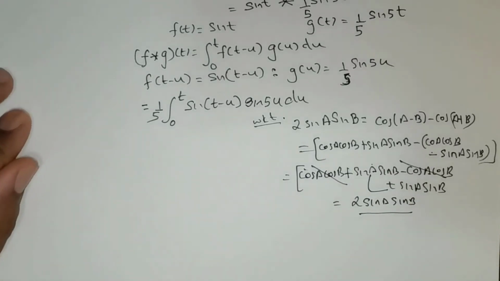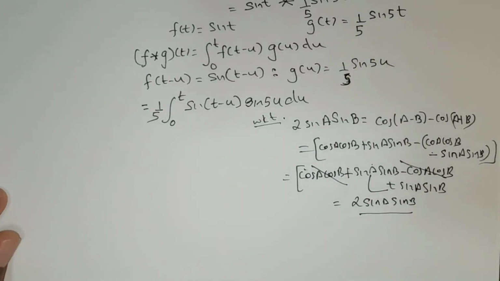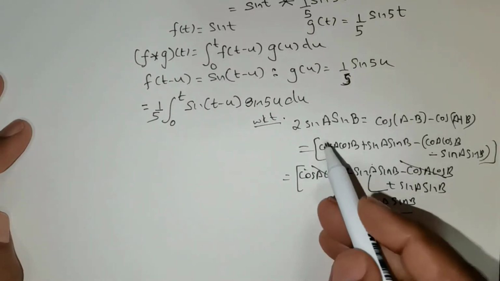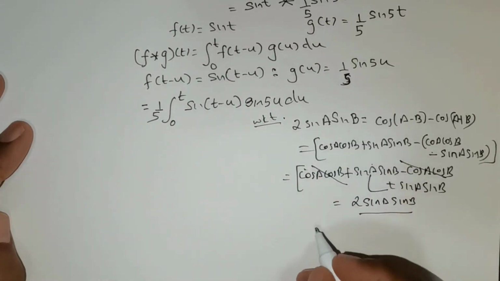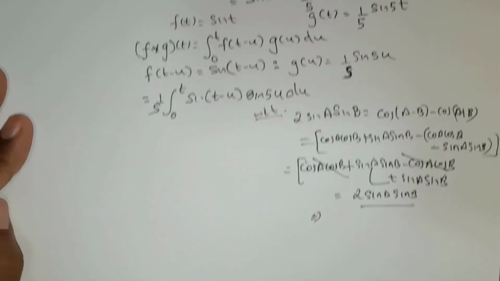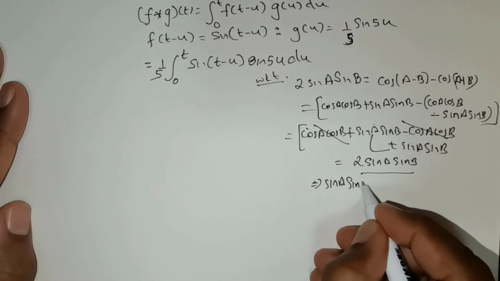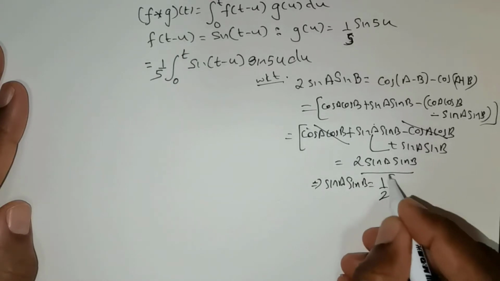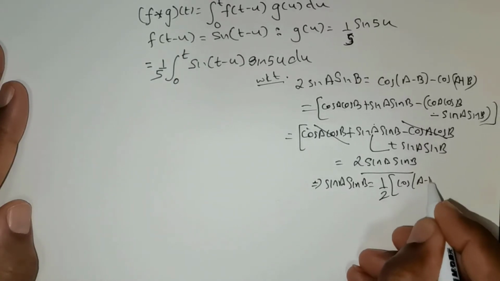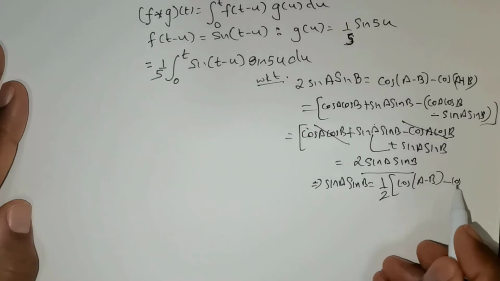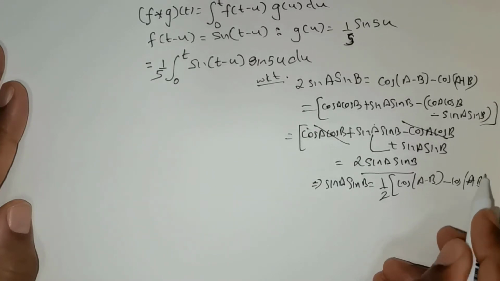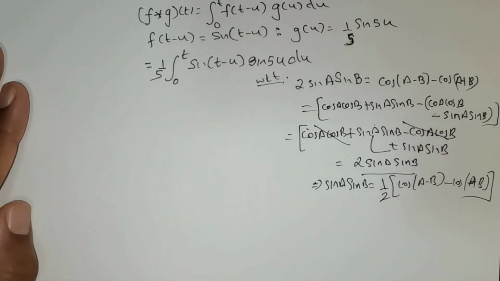So instead of sin A sin B, I can now write, this means my sin A sin B is going to be half times cos of A minus B negative cos of A positive B. So I can use this formula safely, right?